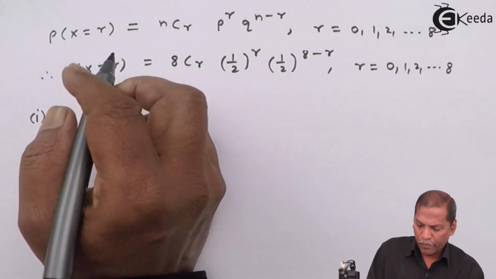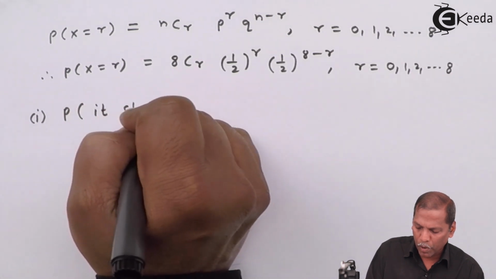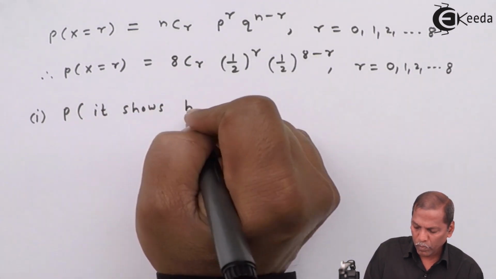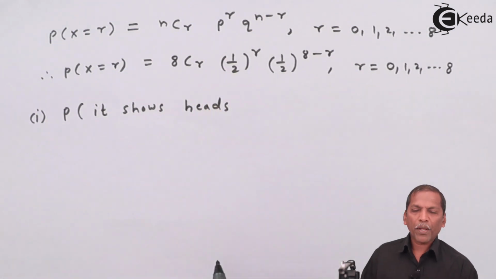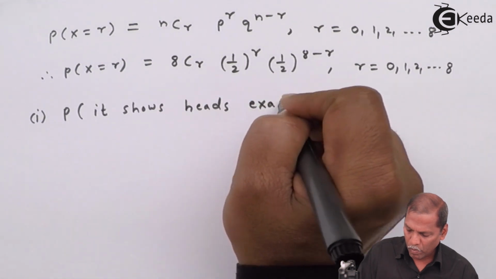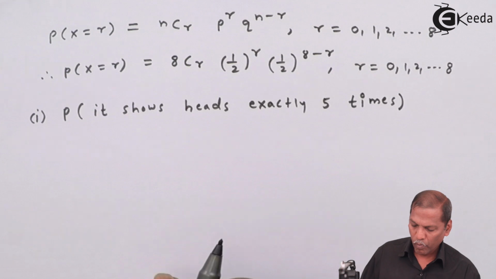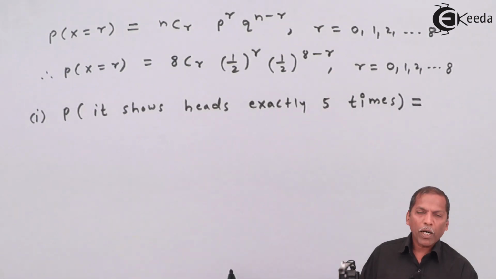So probability that it shows heads exactly 5 times equals probability X equal to 5.